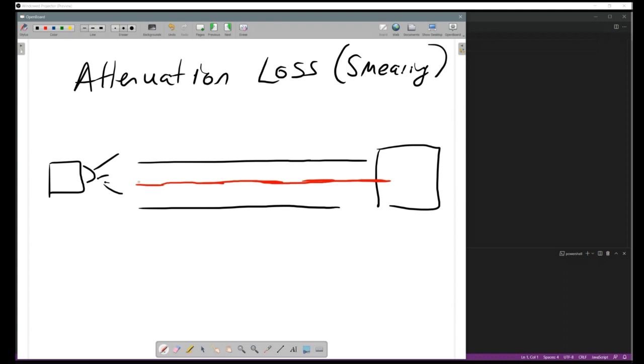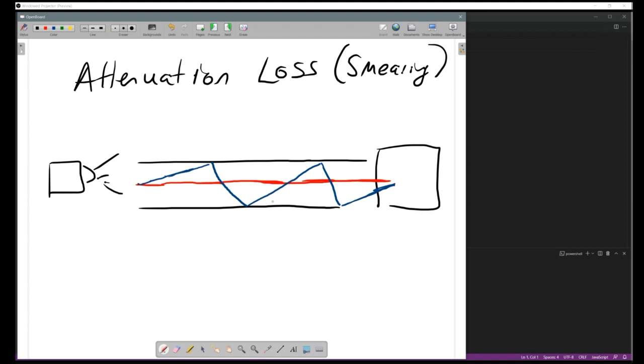But the reality is that it's not going to travel completely parallel to the tube. So what might happen is that when we're initially transmitting, it angles a bit. It's not going to escape the tube because it's made of glass, but it's going to bounce and ricochet back and forth, and eventually it'll hit the receiver.